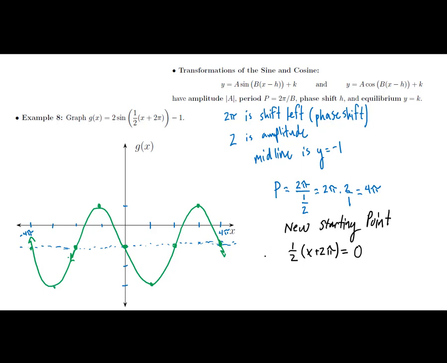Of course, if you multiply both sides by 2, you still have 0. And then if you subtract 2 pi from both sides, you get negative 2 pi. So our new starting point is at negative 2 pi, and that's exactly where the new starting point for sine was.